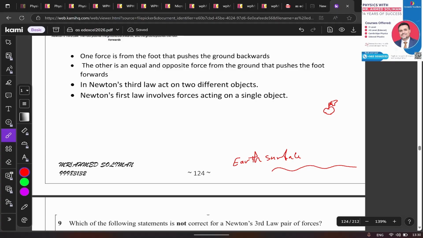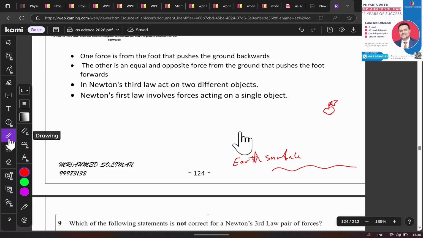So where is the action force and where is the reaction force? The action force is when it hits the Earth's surface, and the reaction is when it bounces back.